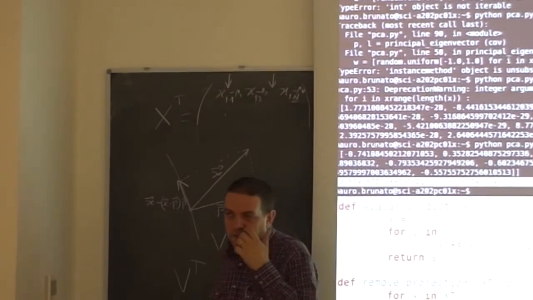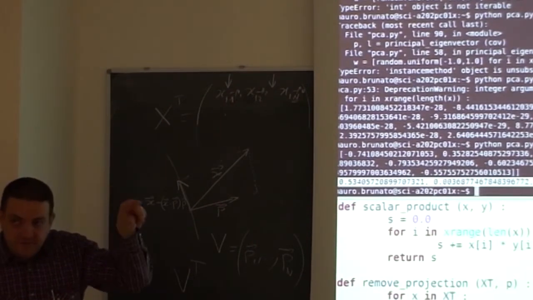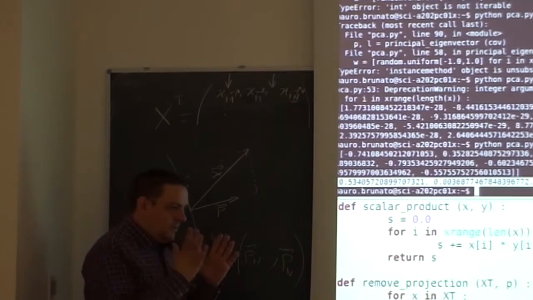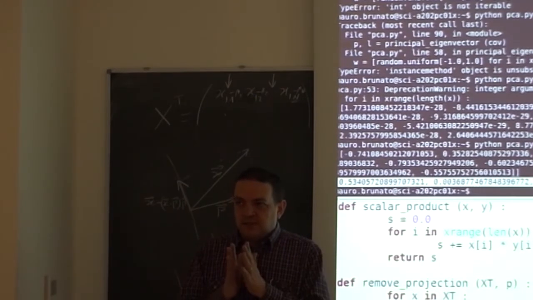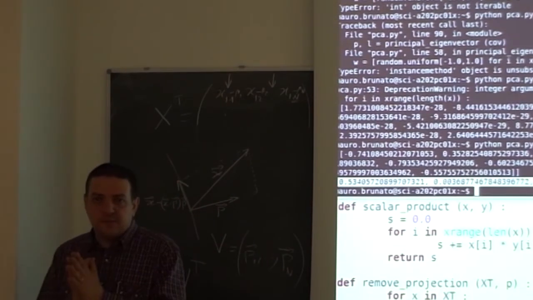Okay? If you remember yesterday, the magnitude of the eigenvalues was related to the actual size of the data set along that dimension.